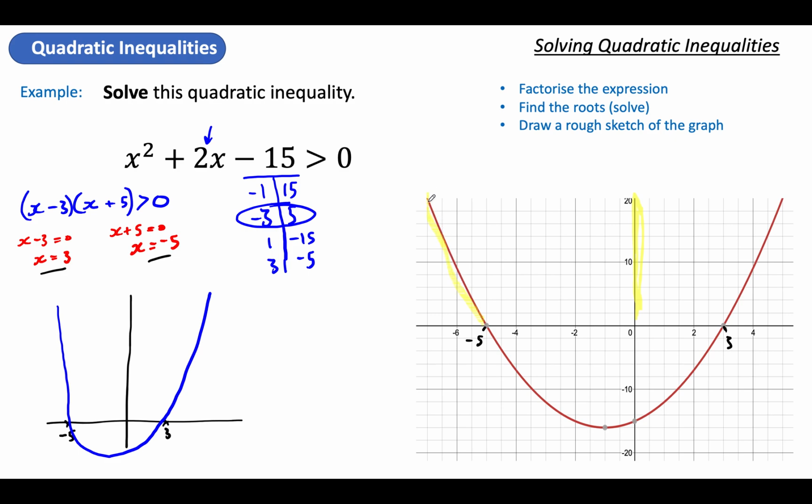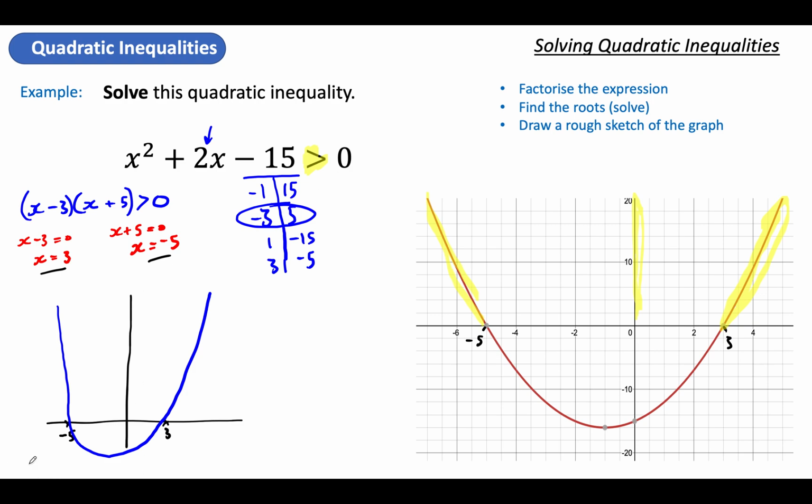So this leg over here is above the x-axis, and this leg over here, oh dear me, this tablet's really hard to use. That's my excuse, and I'm sticking to it. We want that bit of the graph there. We don't want the middle bit, because this bit is like under the ground, isn't it? It's under the x-axis, and we only want the stuff that is greater than 0.